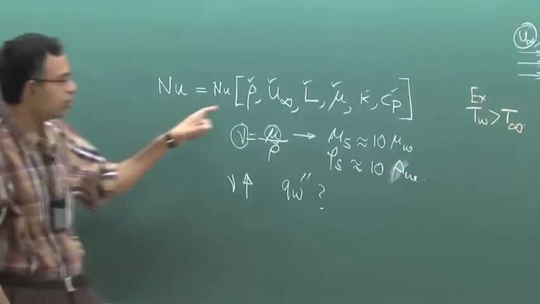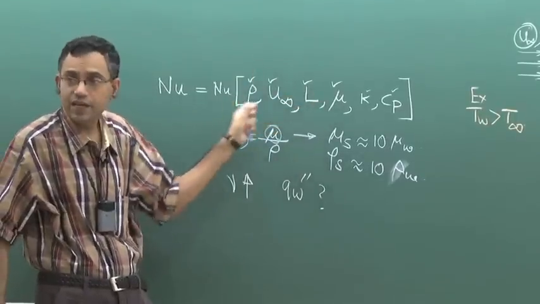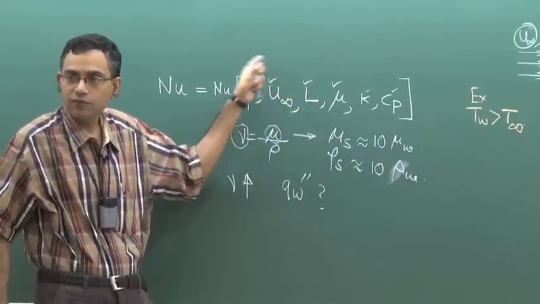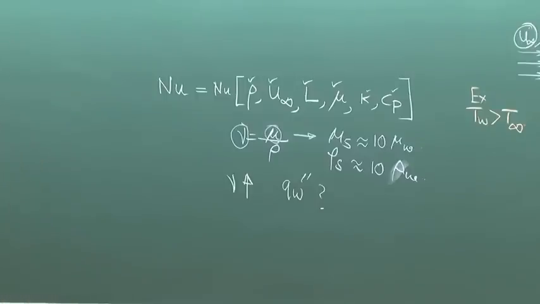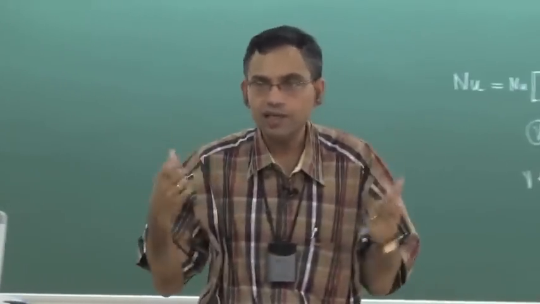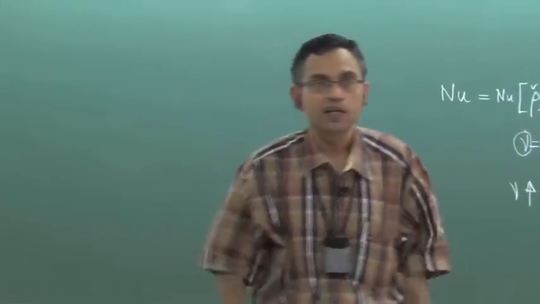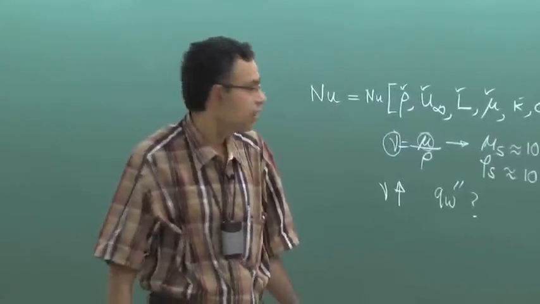See, what we are trying to do is understand physically first the influence of fluid mechanics parameters on heat transfer, because that will give us a motivation of why we should study fluid flow equations in the context of heat transfer. In the context of fluid mechanics we study fluid flow equations, fine, but why in the context of heat transfer should we study fluid flow equations?